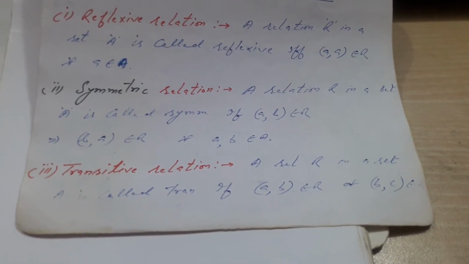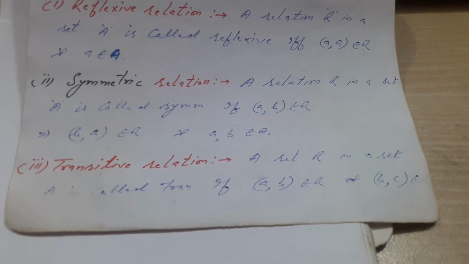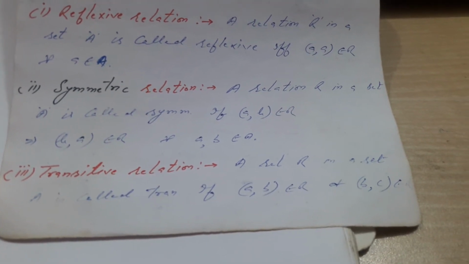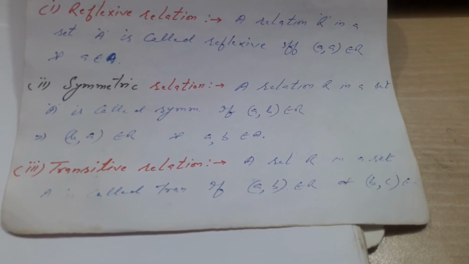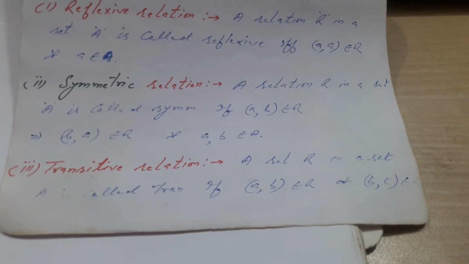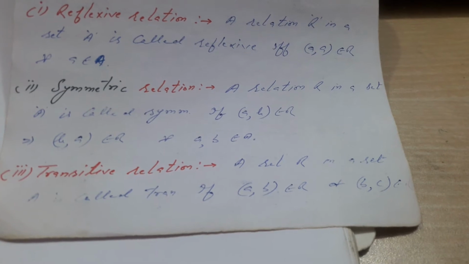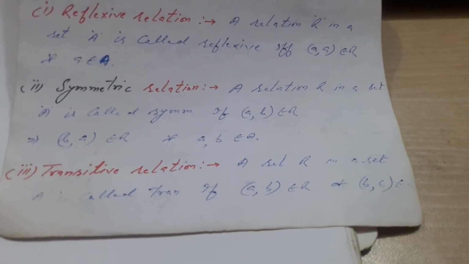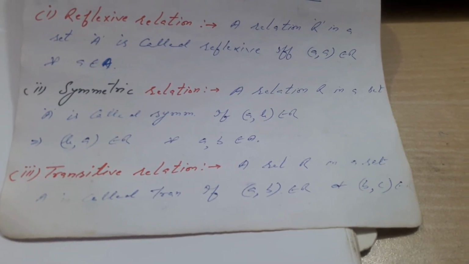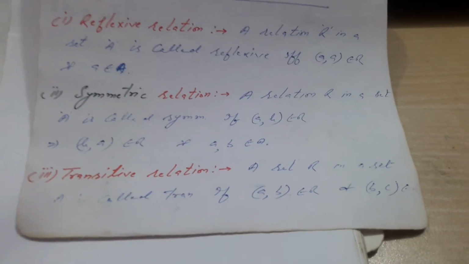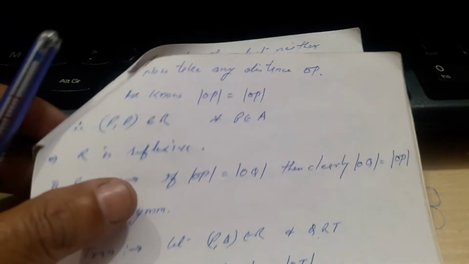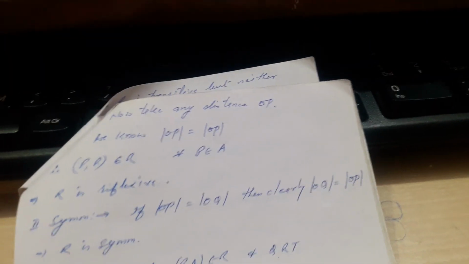In this relation he said that if (a, b) belongs to R and (b, c) also belongs to R, and these two results are given, then if (a, c) also belongs to R, we say it is transitive. For example, if (1, 2) belongs to R and (2, 3) also belongs to R, then (1, 3) also belongs.